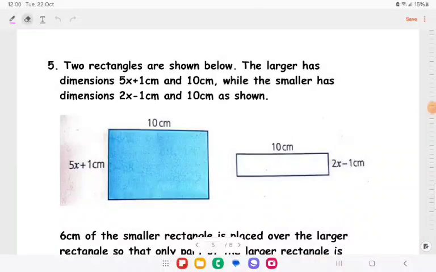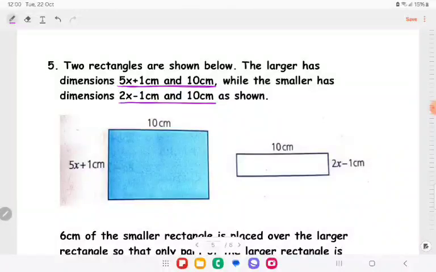Let's go to the next sum. Two rectangles are shown below. The larger has dimensions 5x plus 1 and 10, while the smaller has dimensions 2x minus 1 centimeter and 10 centimeters as shown. Children, when the dimensions are specified, I prefer that I quickly remove the area.